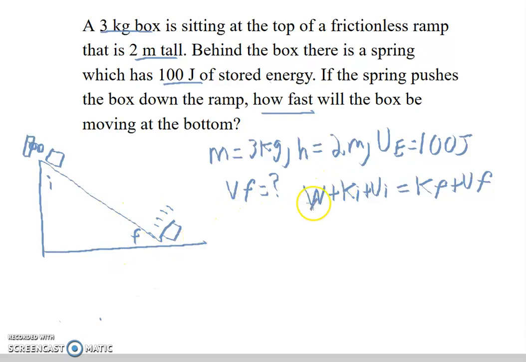Initially, there's no work. We're going to say work's just 0 for now. And initially, it's not moving, so there's no kinetic energy at the top of the slope. But there is potential. There's actually two types of potential. There's UG, because it's raised off the ground, and then there is also UE, elastic potential energy, which is the energy stored in the spring.